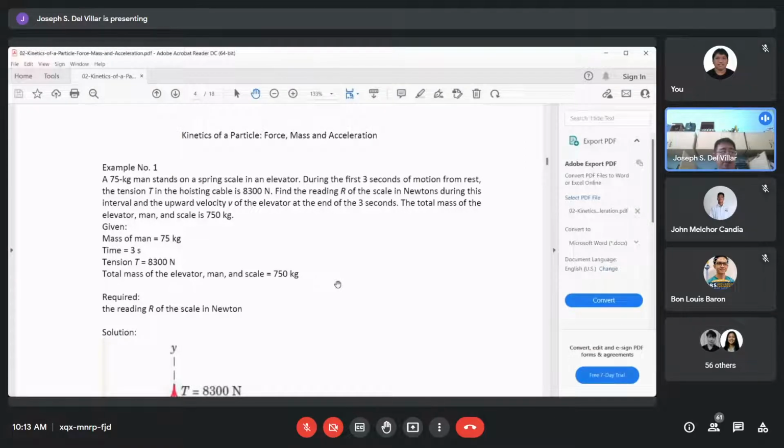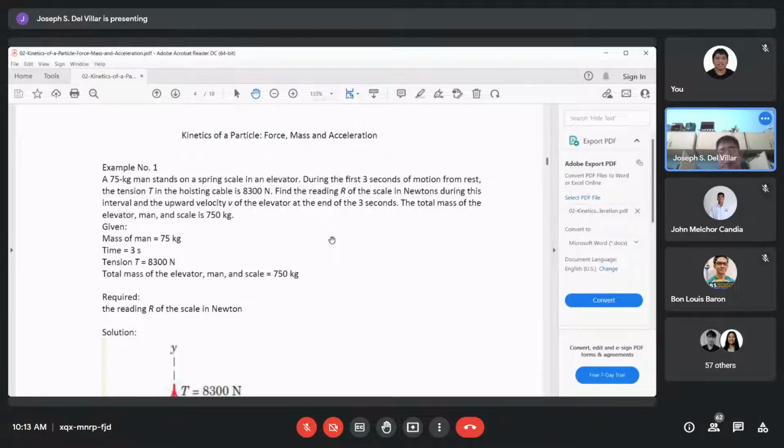Okay, suppose we have a 75 kilogram man who stands on a spring scale in an elevator. So that is the mass, 75 kilogram, the mass of the man. Now, during the first 3 seconds of motion from rest, okay, the tension T in the hoisting cable is 8,300 newtons or 8.3 kilonewton.